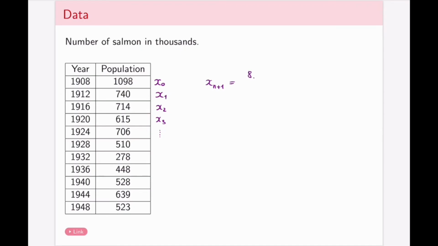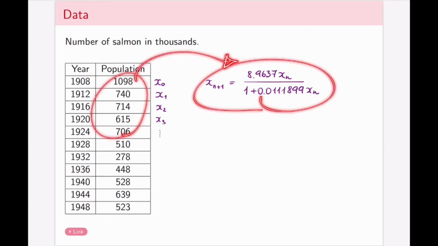I have 8.9637 x_n all over 1 plus 0.0111899 x_n.